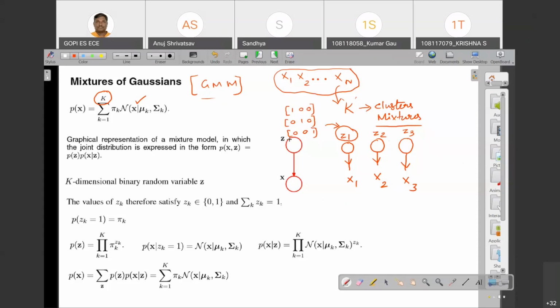It means that the vector x1 can be generated from mixture 1, mixture 2, or mixture 3. X1 can be generated from either Gaussian 1, 2, or 3 here. So that is Z1. There is no link between the Zs. That is the only difference, right?